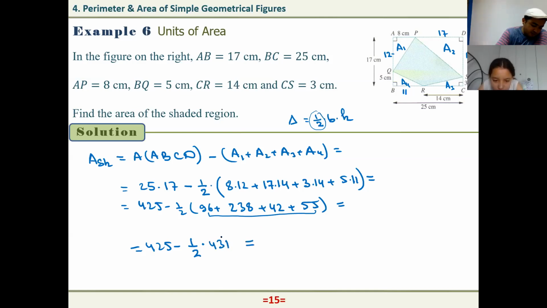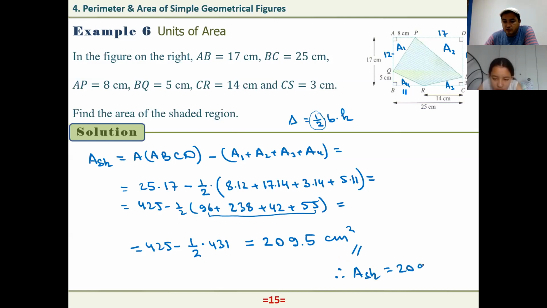Now if you evaluate this, 425 minus 0.5 times 431, that's equal to 209.5 square centimeters. Okay, so now the area of the shaded region in the figure is equal to 209.5 square centimeters.